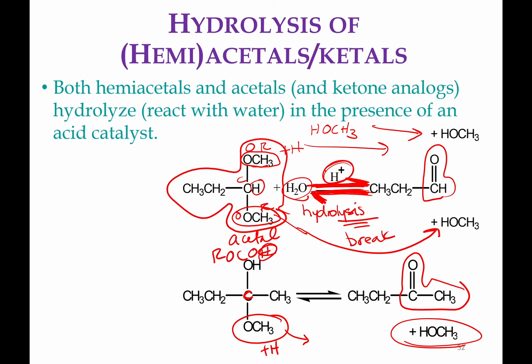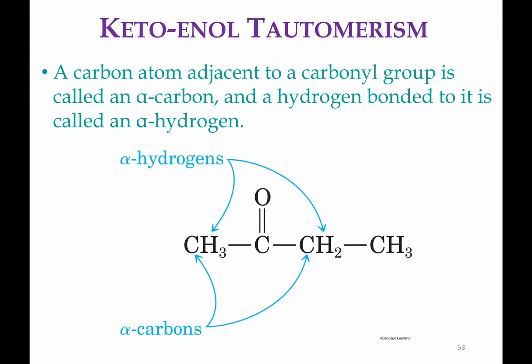Now sometimes we can actually have a ketone and then something that forms what's called an enol. We mentioned this briefly before, where we have a keto-enol tautomerization, it's called. So we have this ketone here, our carbonyl group. Then we have what are known as alpha carbons, the ones right next door.